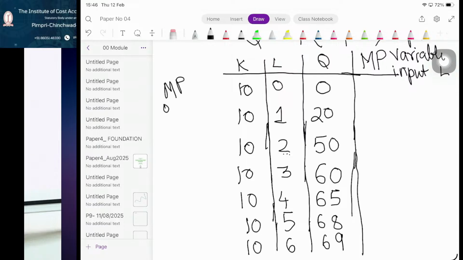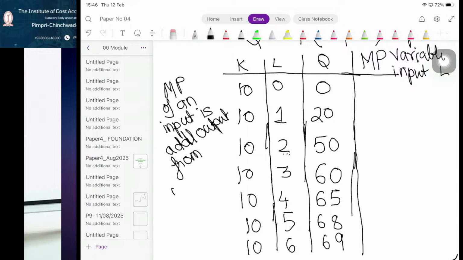Marginal product of an input is the additional output from producing or from using one more unit of input.